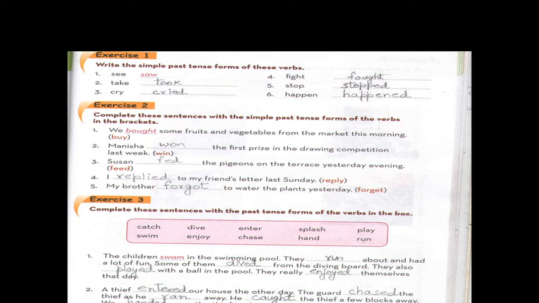They ran about and had a lot of fun. Some of them dived from the diving board. They also played with a ball in the pool. They really enjoyed themselves that day. I do the first one, and the second one you will do yourself. I already wrote it here.